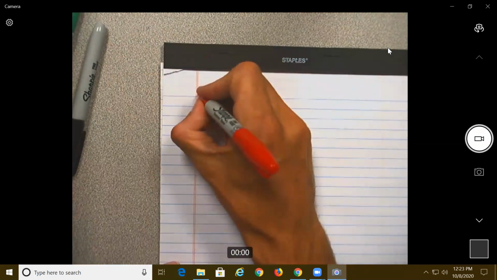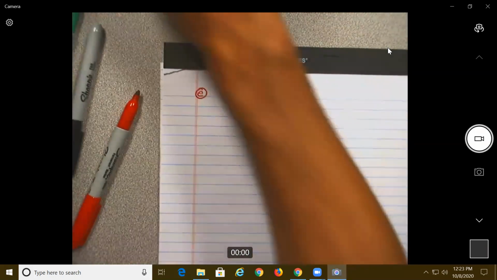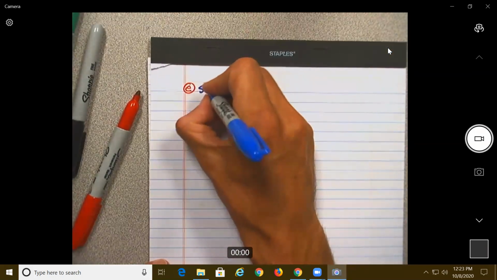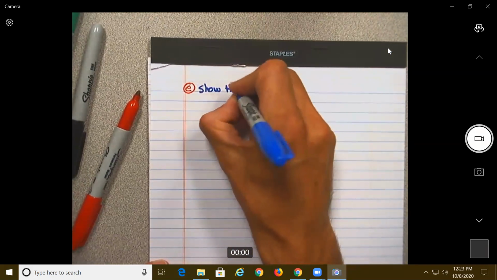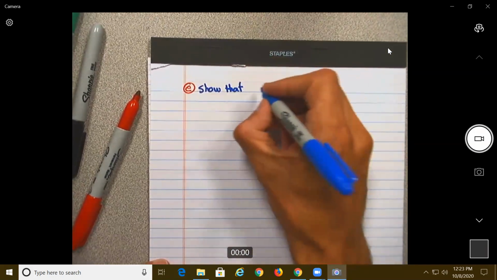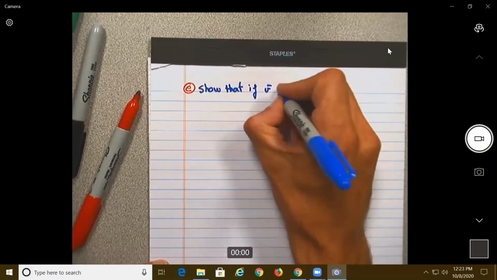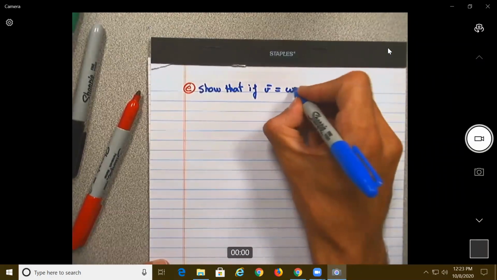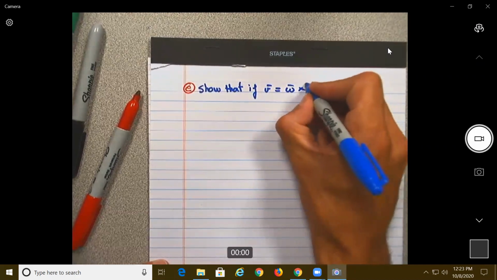Okay, and this one is E. We need to show that. See if we can make it. Show that if V equals omega cross R, even though, okay.